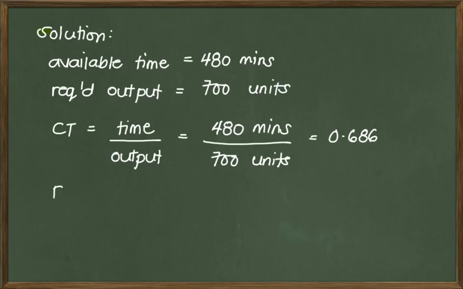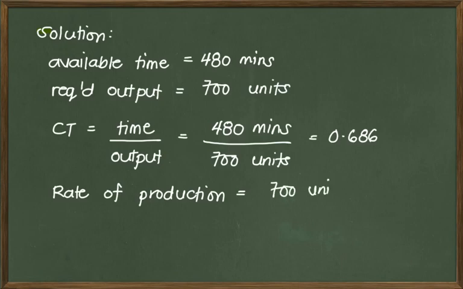And then your rate of production is just the inverse of the cycle time, which is 700 units divided by your 480 minutes, which is 1.458.